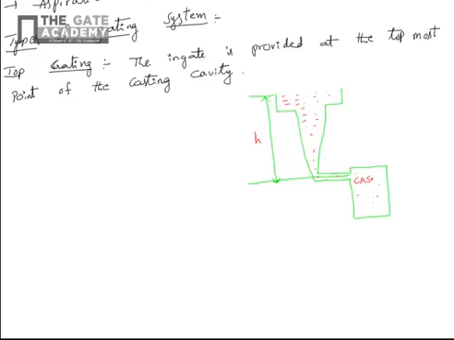This one is the casting cavity, sprue, pouring basin, it is the runner, and the entry point is called ingot.